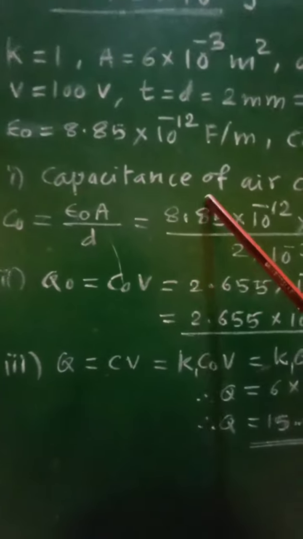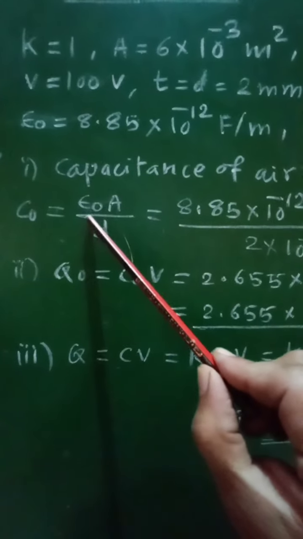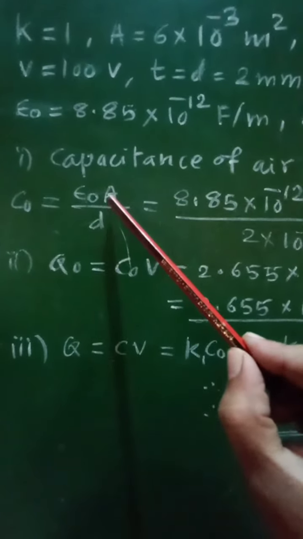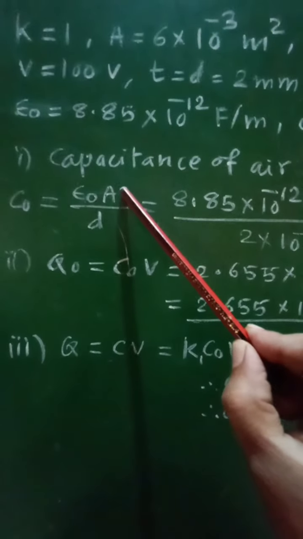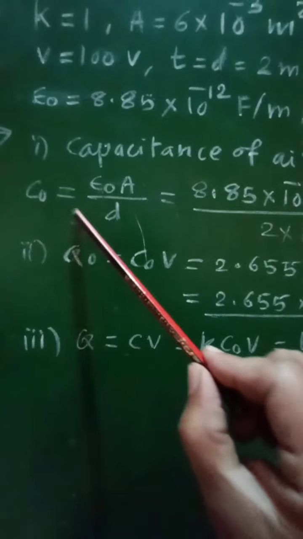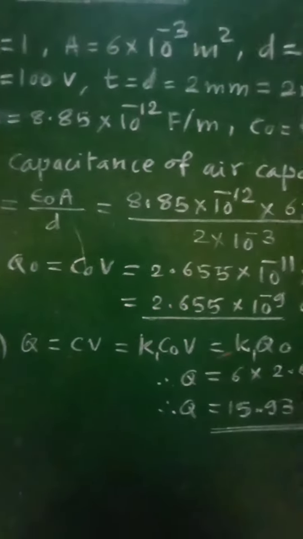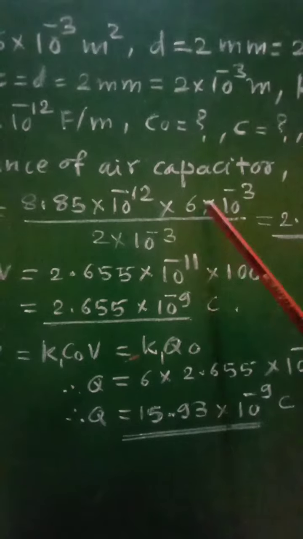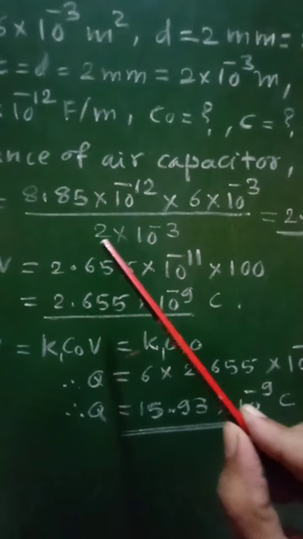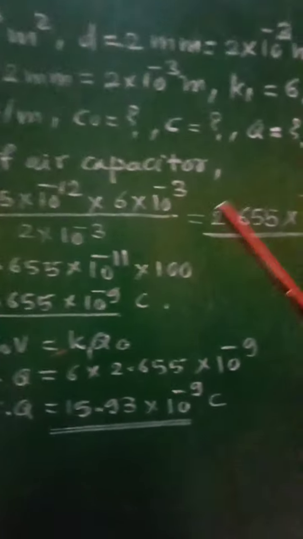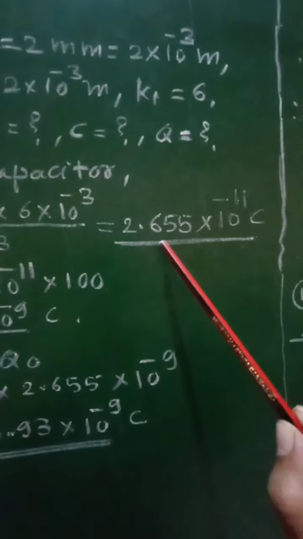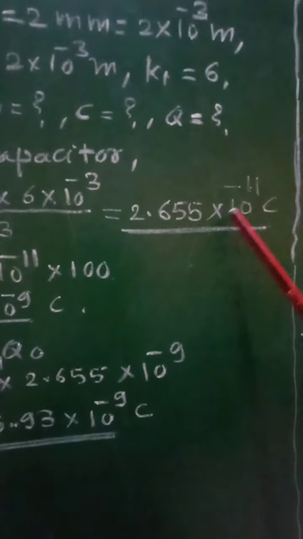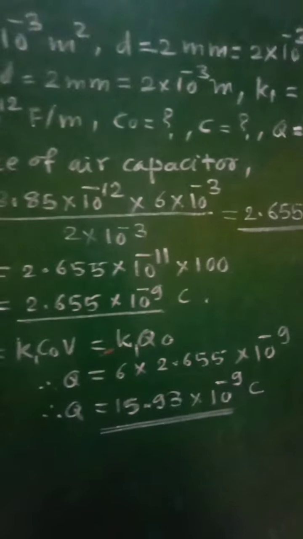The capacitance of the air filled capacitor C0 is equal to epsilon 0 A upon D. The actual relation is epsilon 0 A K upon D. For air filled capacitor K equal to 1, and therefore C0 equal to epsilon 0 A upon D. Putting the values, we will get 8.85 into 10 raised to minus 12 into 6 into 10 raised to minus 3 divided by 2 into 10 raised to minus 3, which comes out to be 2.655 into 10 raised to minus 11 farad. That will be the required answer.